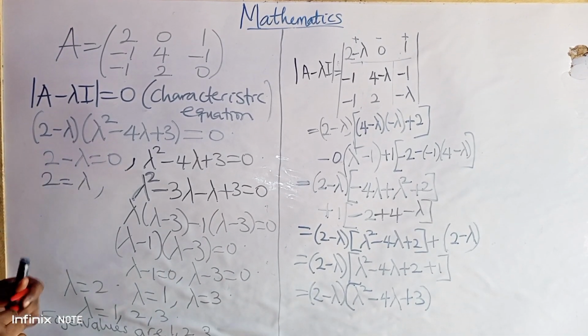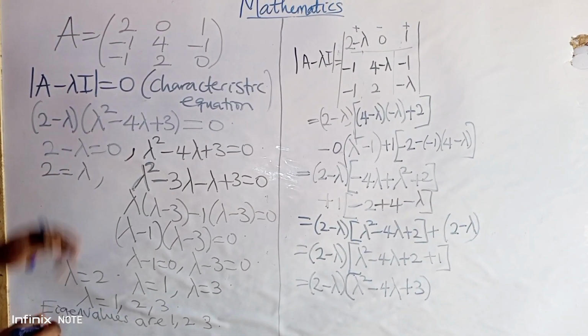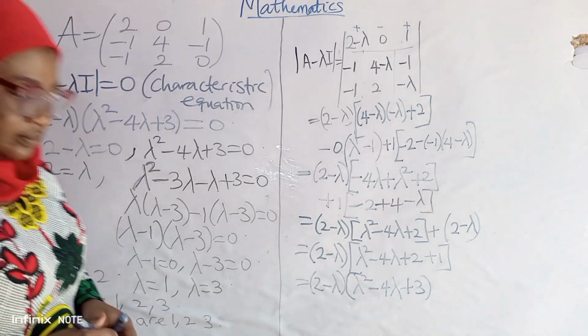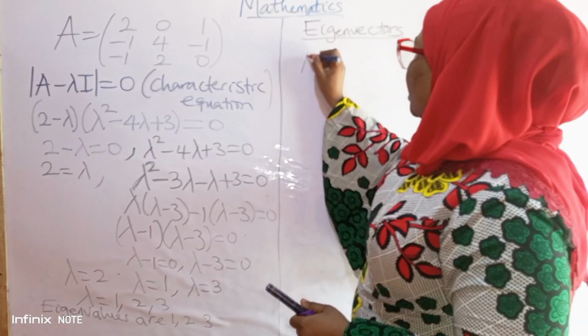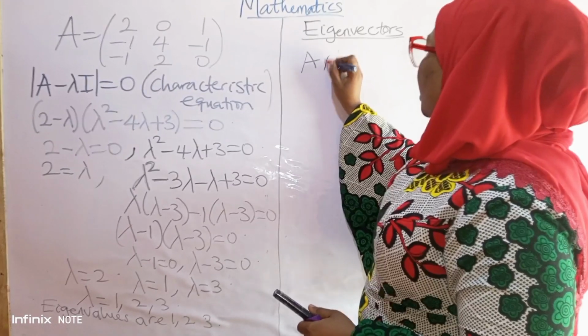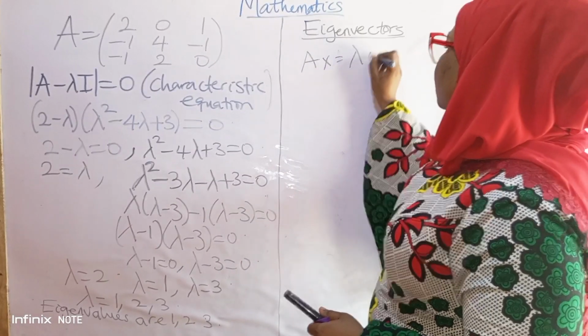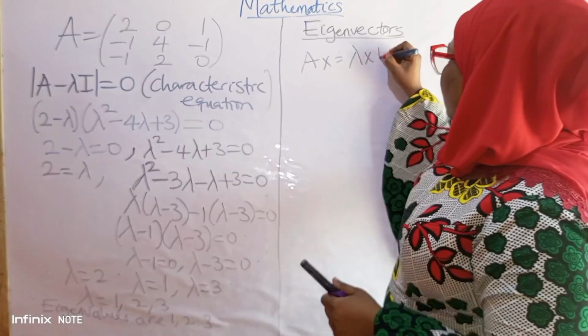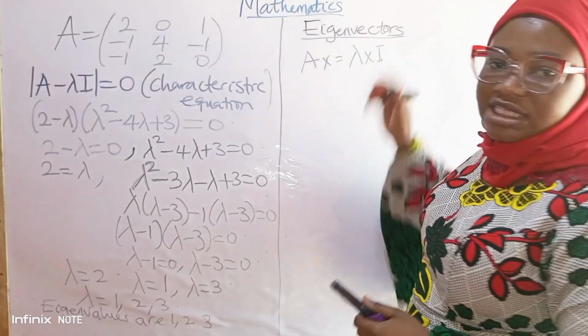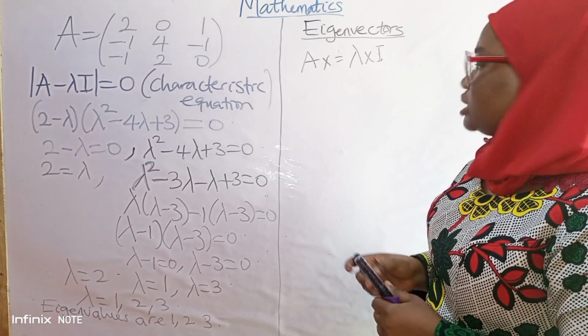Having gotten our eigenvalues, we can now find the eigenvectors. Recall this equation: Ax is equal to lambda x. From here, we need to multiply the right hand side by I, which is the identity matrix.